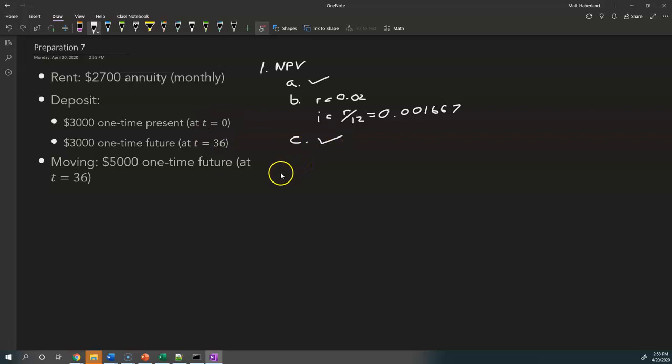We need to then figure out our discount factors. So what are our discount factors here? Well, this annuity is going to have a discount factor. It's for 3 years or 36 total months. So the discount factor corresponding with that annuity, or with rent, we're going to need to calculate a present value.